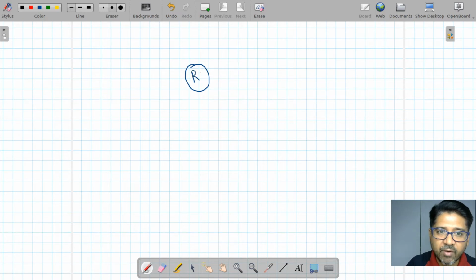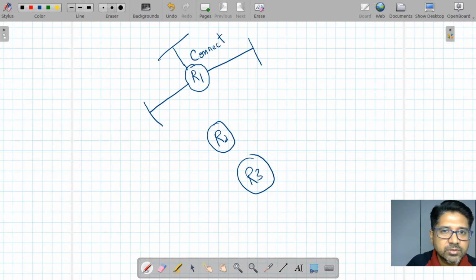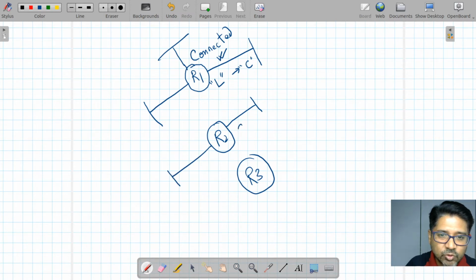Suppose we have R1, R2 and R3, three routers, and all the LANs are connected to R1, as connected routes of R1. These are local routes, and they are going to show as C. These are the locally connected routes.